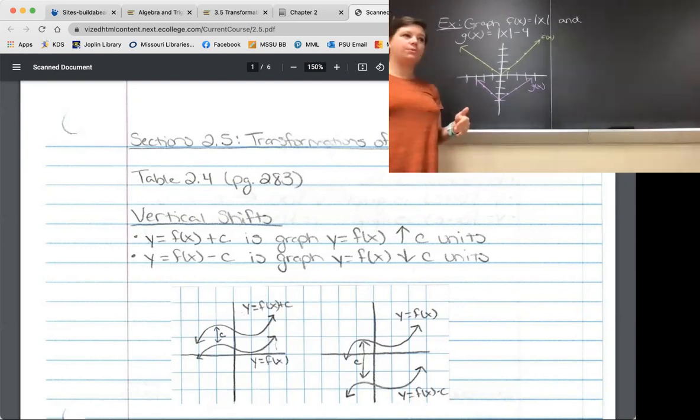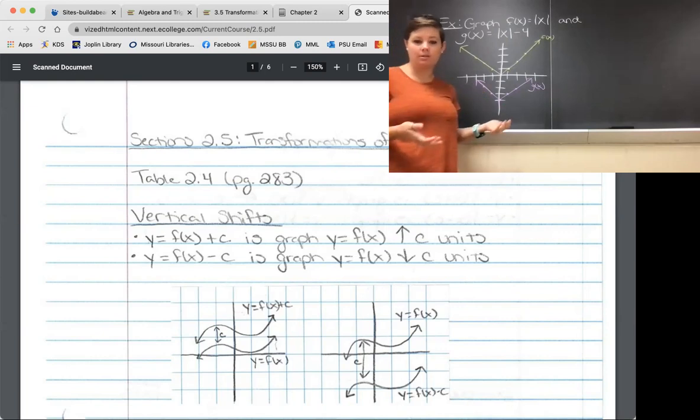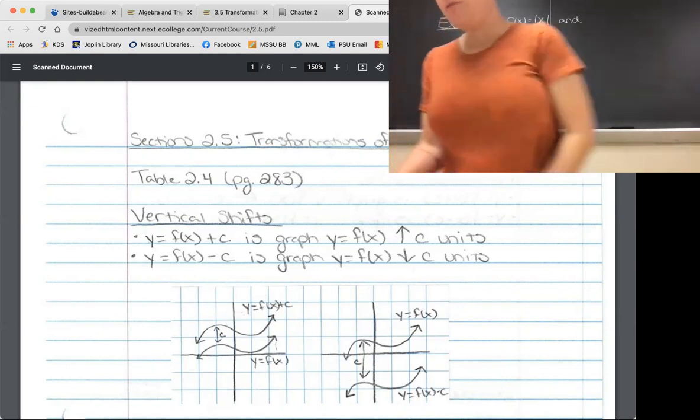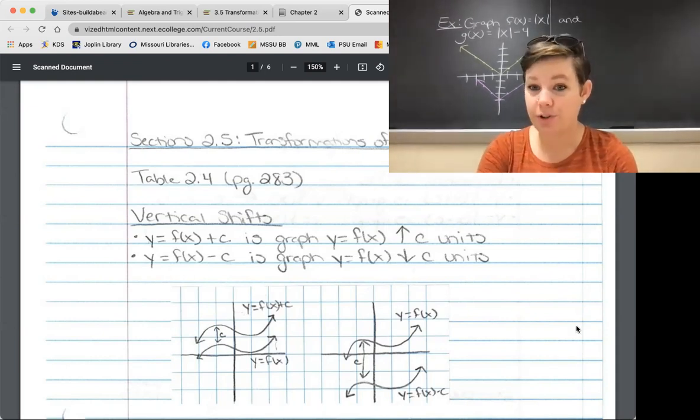So vertical shifts work very logically: you're going more negative when it says negative, and you're going more positive when it says positive. Okay, that's vertical shifts.